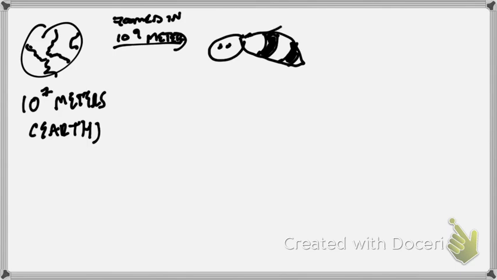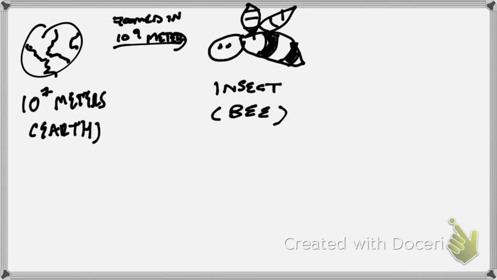And now we are looking at this insect right here. Right? Insect. This bee is about 10 to the negative 2 meters in terms of size.